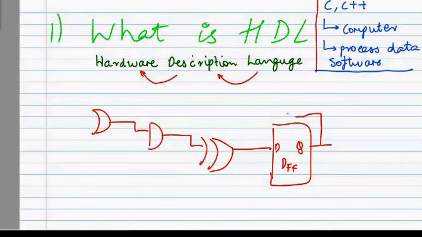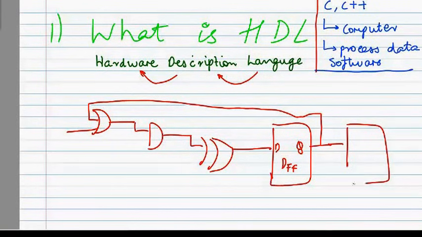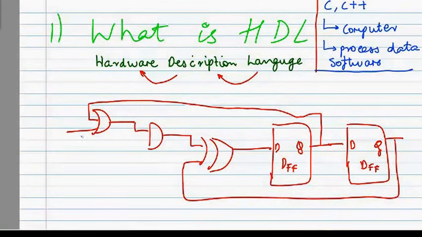The output of the D flip-flop goes as one of the inputs to the OR gate, and then I have another flip-flop which is again a D flip-flop, the output of which goes into the XOR gate. This is A and this is B, and let's say this is output O. Now this is my circuit.